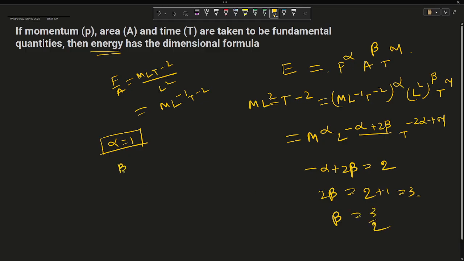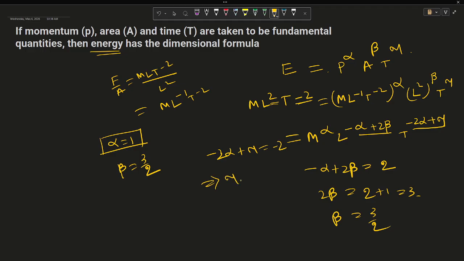And the last one, 2 alpha plus beta equals minus 2, then gamma equals minus 2 plus 2, that means 0, gamma is 0.